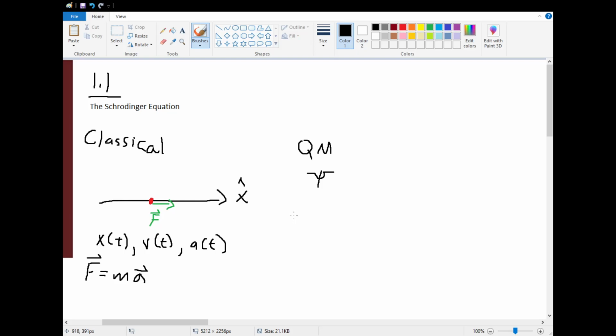The way that psi is actually solved for is using a formula known as the Schrodinger equation. The Schrodinger equation is expressed in the following way.